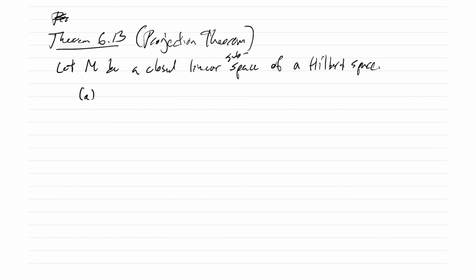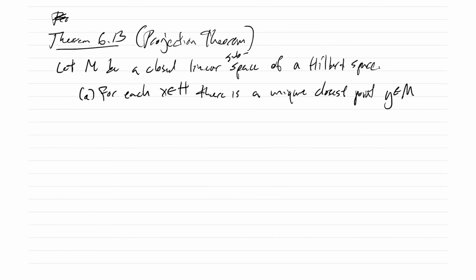Basically we have these two ideas. One, for each x in H, there is a unique closest point y in M such that the norm of x minus y is equal to the minimum over all z in M of the norm of x minus z.